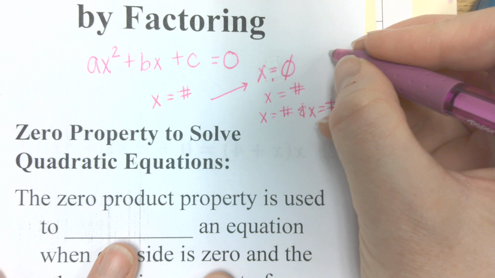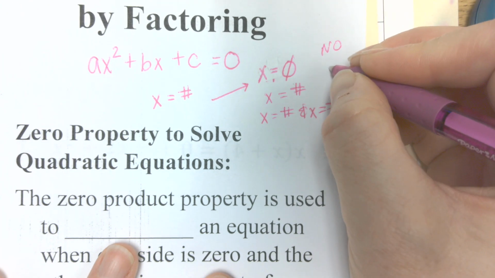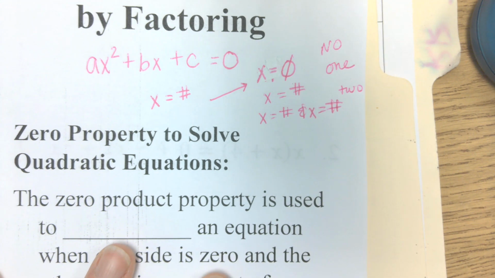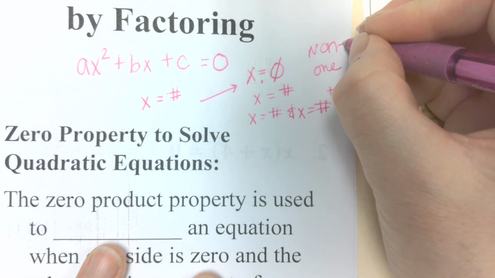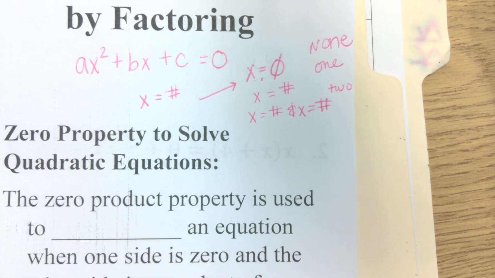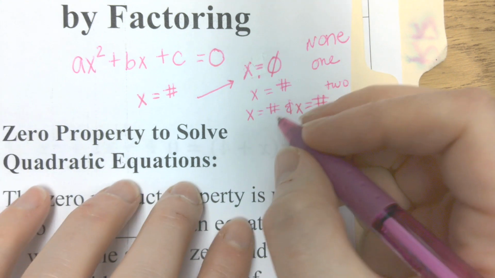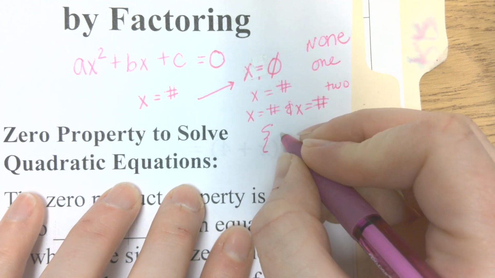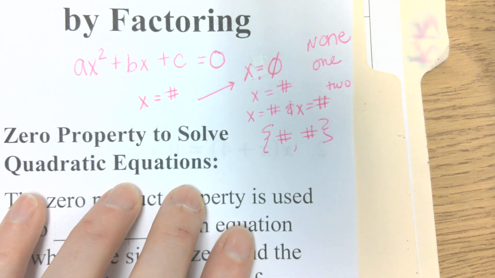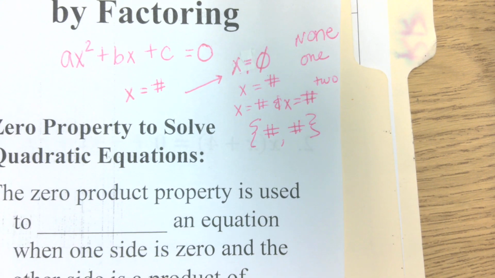So we can have none, 1, or 2. Those are our options for solutions. And we can write it as x equals, or we can write it as a solution set like this, where you put the number inside these little squiggly braces.